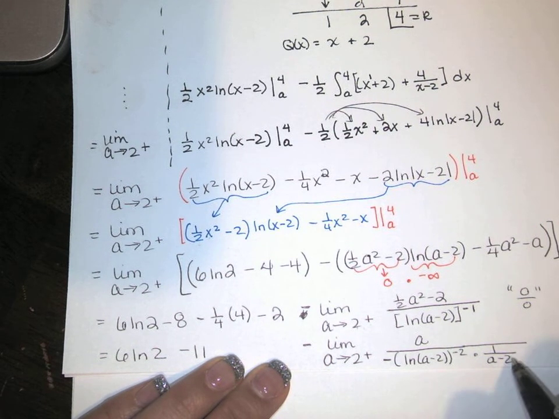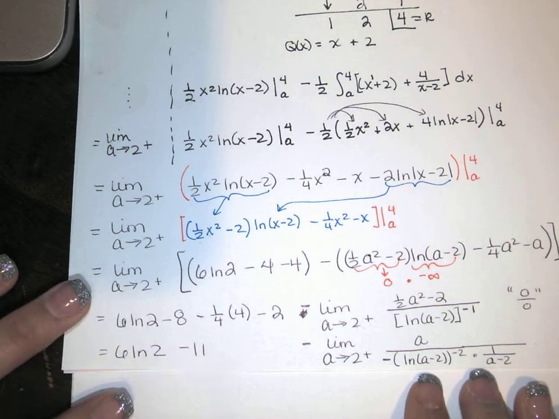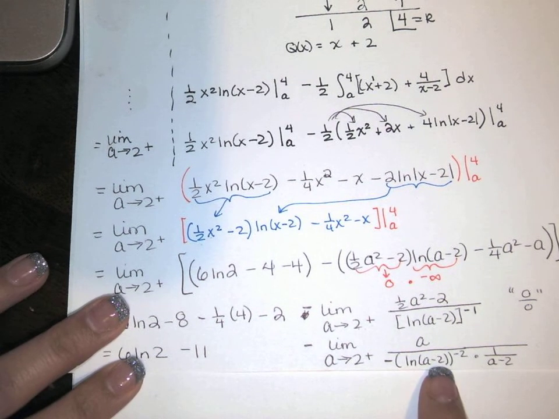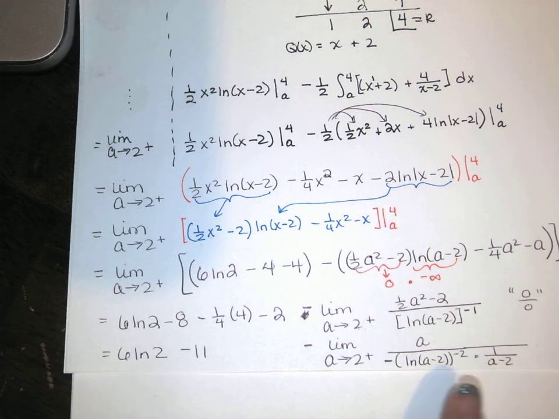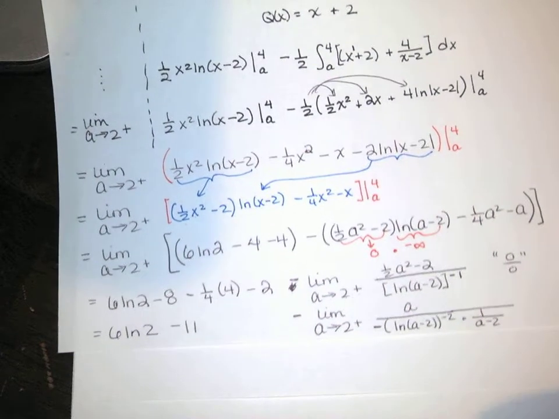The derivative of the inside of that is a 1. So we're done. Okay, now the question is, is it still an indeterminate form? Well, it's a little bit hard to tell. So I'm going to do a little bit of algebra on the next page, and hopefully it won't be an indeterminate form anymore.